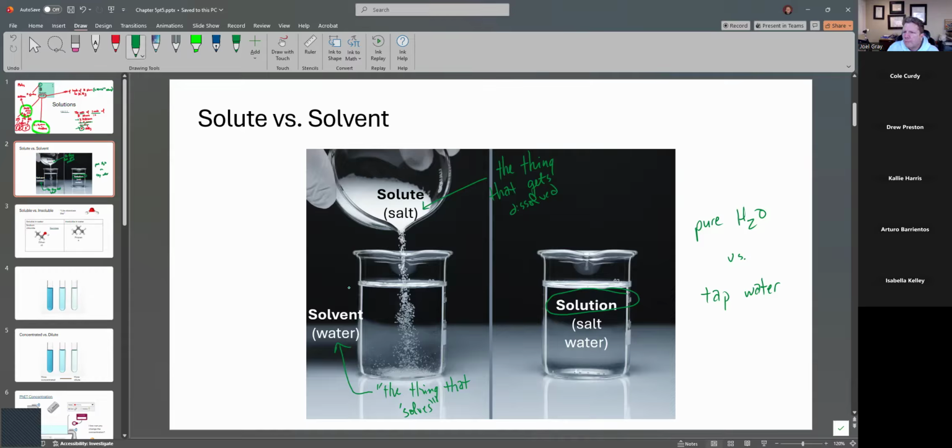So when we've got pure H2O compared to tap water, tap water is going to be a solution because it's going to have lots of stuff dissolved in it. If you ever hear a conversation about hard water versus soft water, in Central Texas, we deal with that a lot because we've got lots of limestone. We've got lots of dissolved minerals in our water.